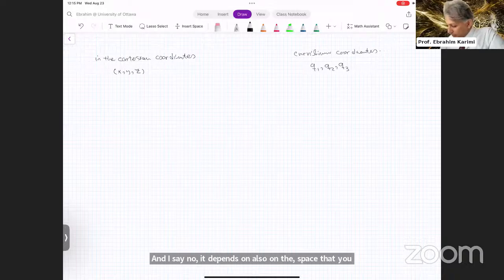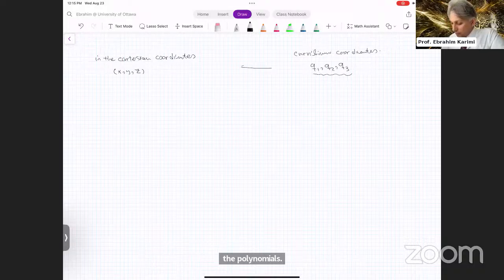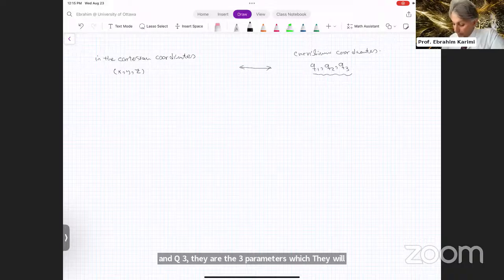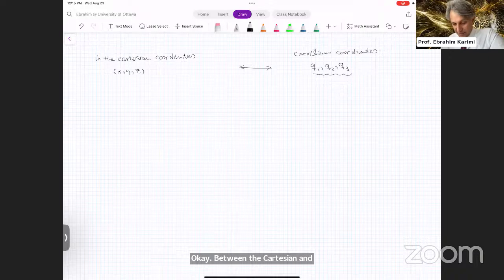So let's go back to these questions. Q1, Q2, and Q3 are the three parameters, and there will be a mapping between the Cartesian and the curvilinear space that I'm working with.